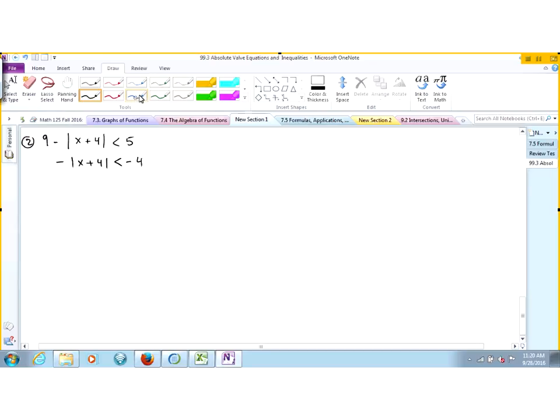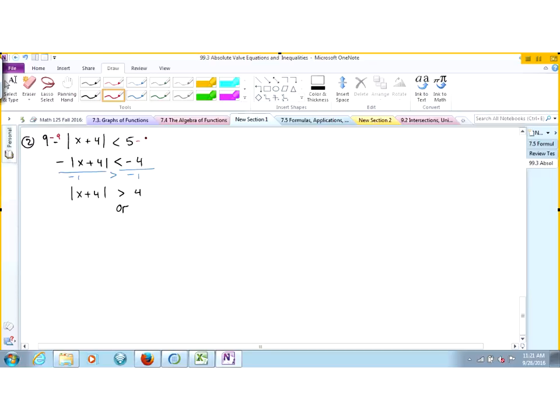Now I have negative here. What am I supposed to do? Yes, you divide or multiply. Doesn't matter. Same thing. Yes, the side switches. So absolute value of x plus 4 greater than 4. Yes. Now, the distance is greater than 4. So is it far? Is it tail or middle? Tail. So we're expecting an or.